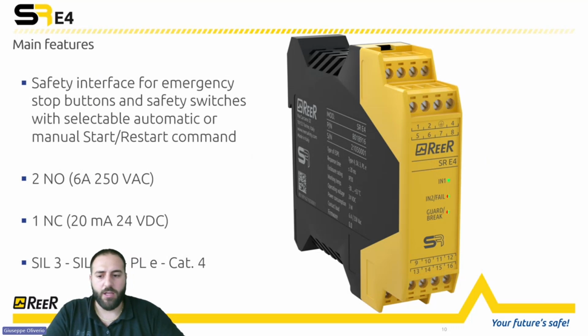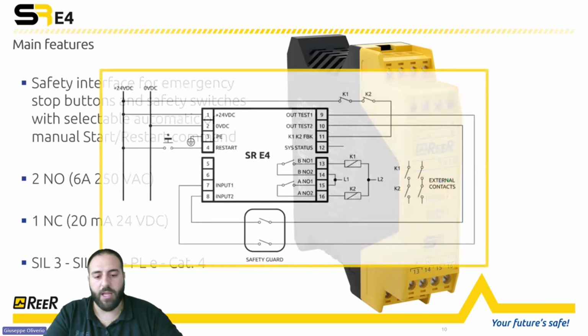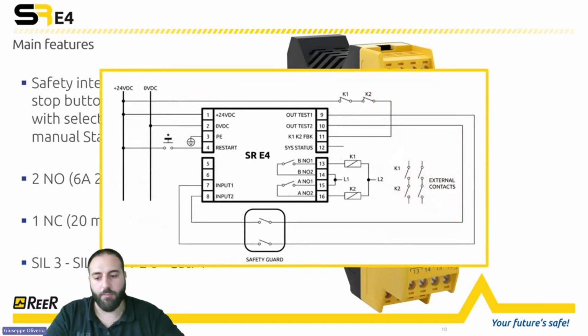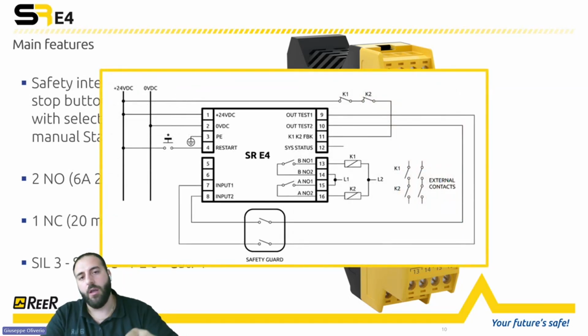The SRE4 is used for emergency stop button or interlock switches, maybe for door. And also in this case, for category 4 application, this is an example. This is a category 4 safety guard command plus the manual reset. Everything is already built inside those interface.